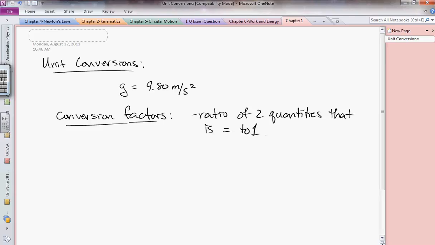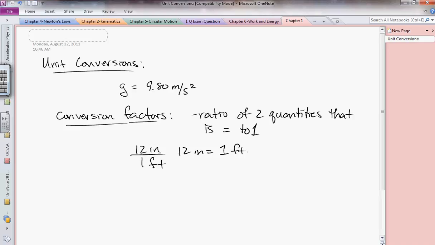Okay? So for instance, I want to have a conversion factor that will allow me to go from inches to feet. And this is a very simple example. What I'll do is I'll put 12 inches on the top of my conversion factor and 1 foot on the bottom. And the idea is that 12 inches is equal to 1 foot.